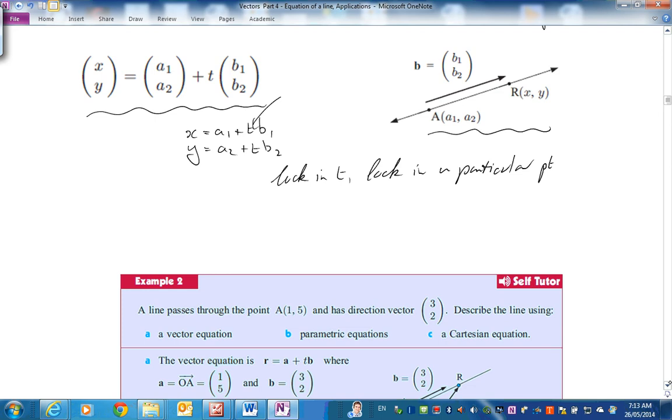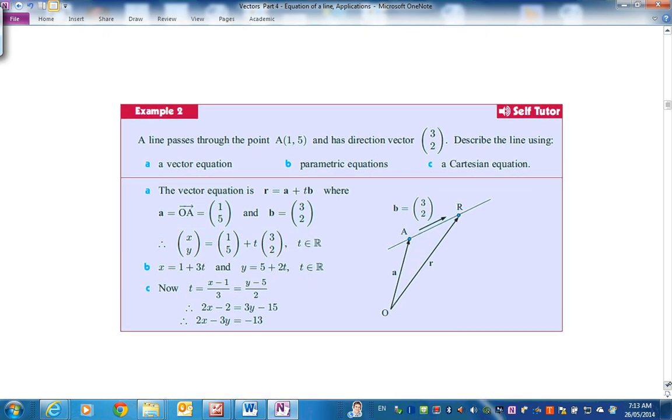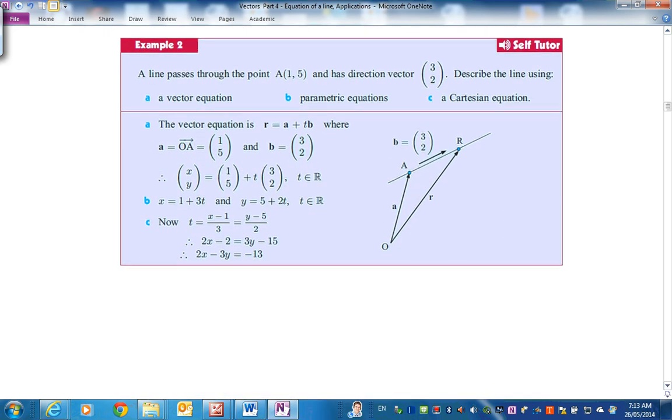I'm going now to Hayes and Harris publications and going to look at using this now. A line passes through the point A(1, 5), has direction vector (3, 2). Describe the line using a vector equation, parametric equations, and this is not in the course, not going to go there.